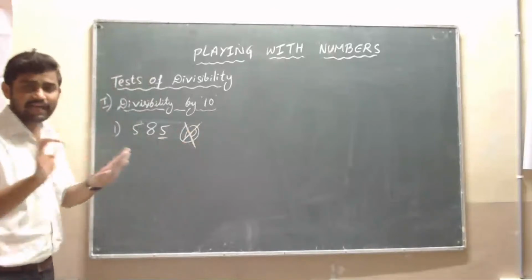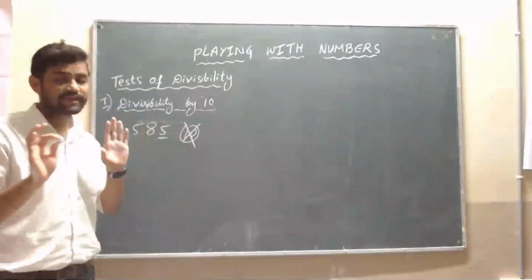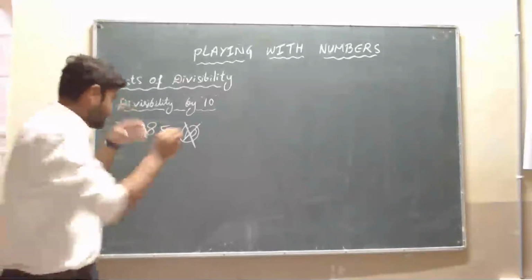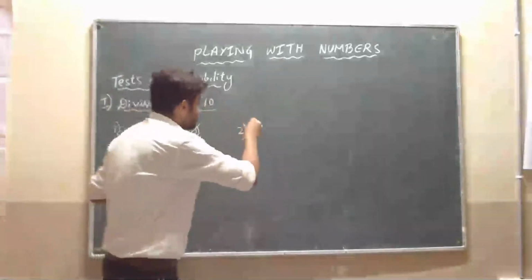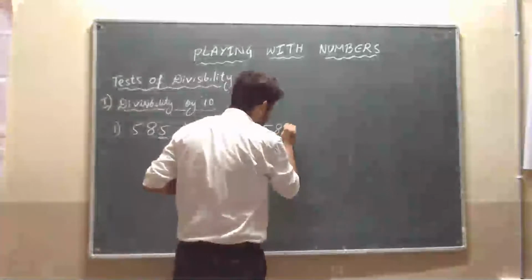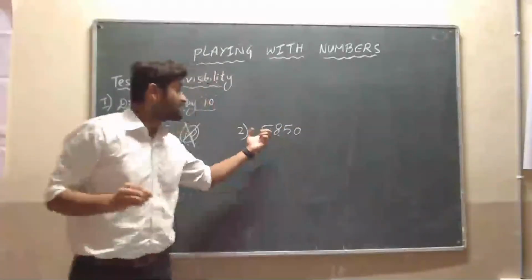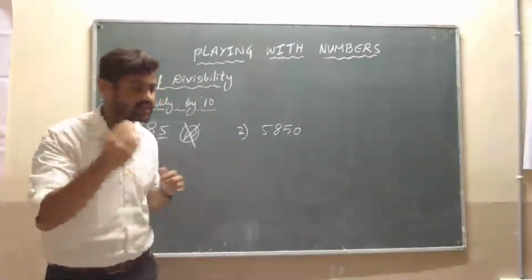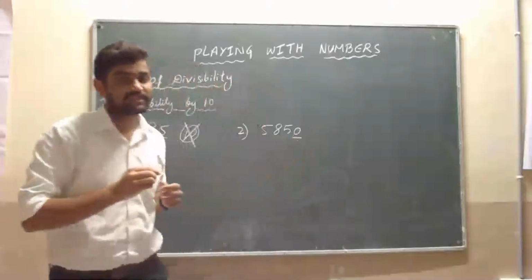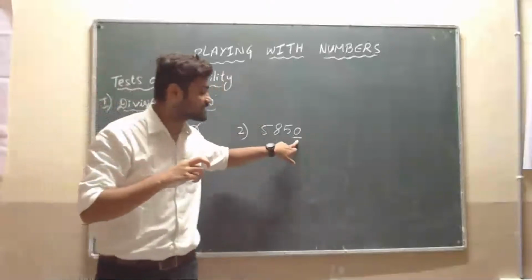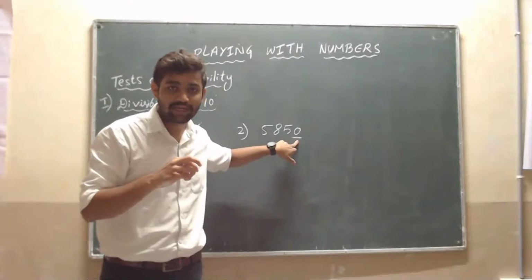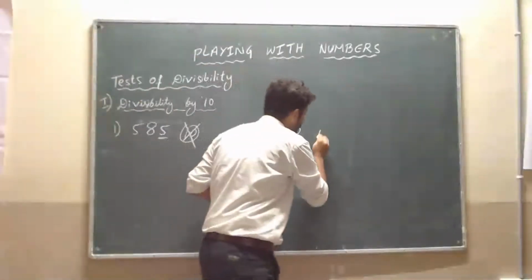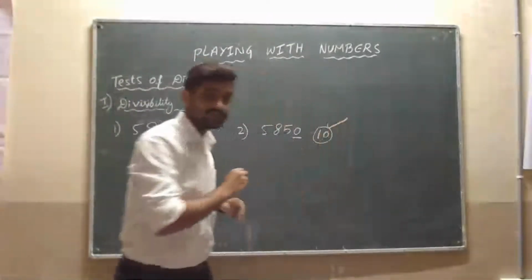We can find it only by observing. Let's take a second example, 5850. Whether this number is divisible by 10? Sure, sir, because it ends with 0, its ones place is 0. Easily it is divisible by 10.